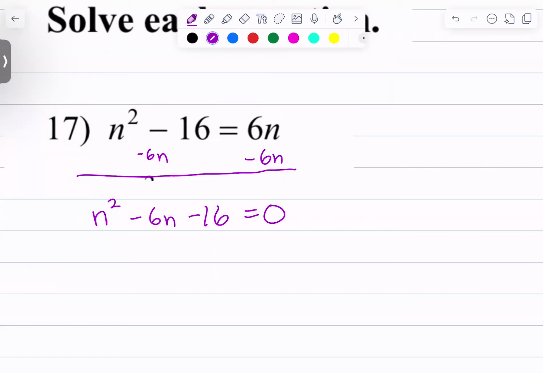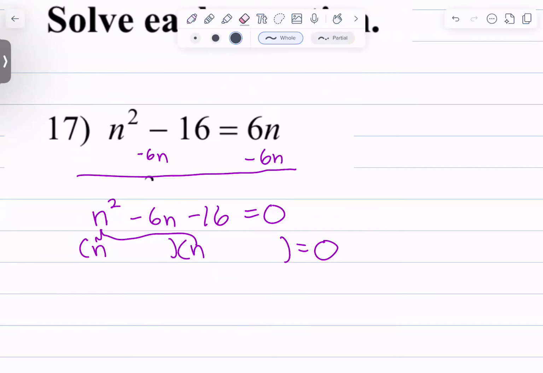I can factor. I'm going to try and factor first. Remember factoring, you have two parentheses, and you're going to split up the n squared by putting n's inside both parentheses. And I'm going to get two numbers that multiply to negative 16.